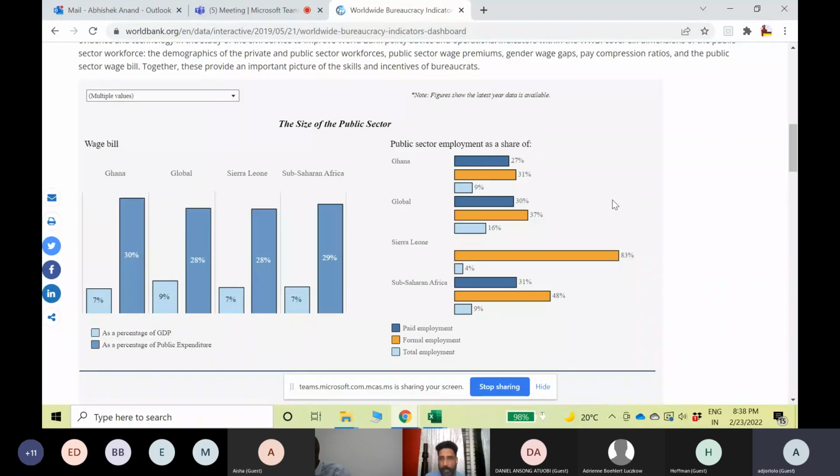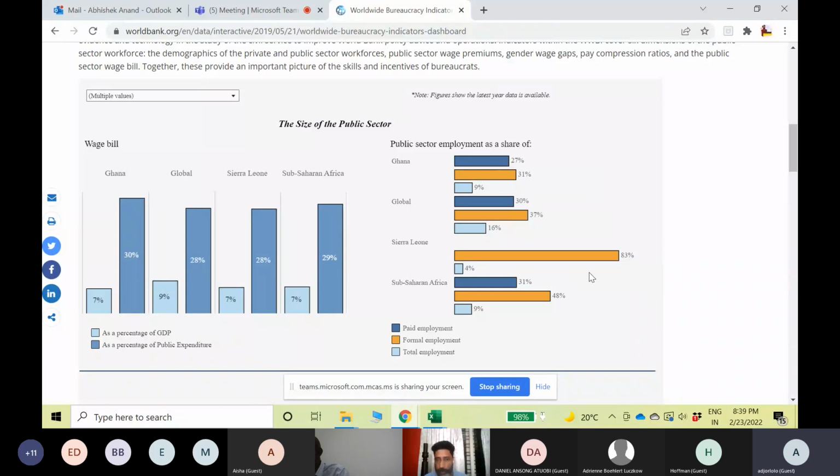In Ghana, of the overall number of people who are currently employed, 27% are in the public sector, the blue bar that you see here. So we are right now focusing just on the blue bar, and I'll explain what this bar is. Public sector paid employment is 27% in Ghana, 30% globally.